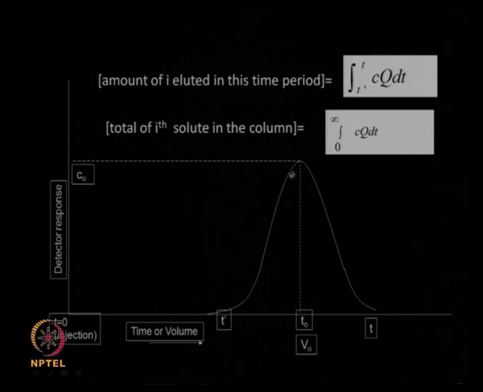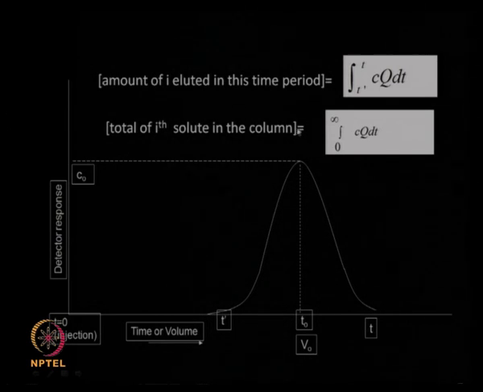Then the amount of this particular component, suppose we call it I, eluted in this time could be the integral of C into Q into dt. Q is your flow rate, C is your concentration varying between t dash to t. So this is nothing but the area under this curve.